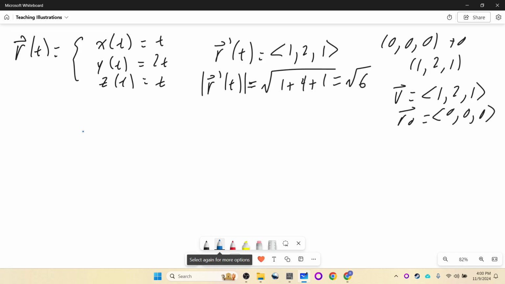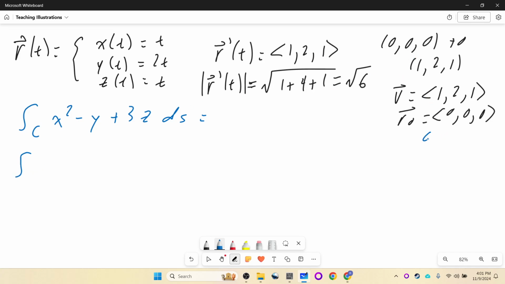All right, so if we integrate over C x squared minus y plus 3z ds, it is the same as we just plug in. What are our parameters here? t would go from 0 to 1.